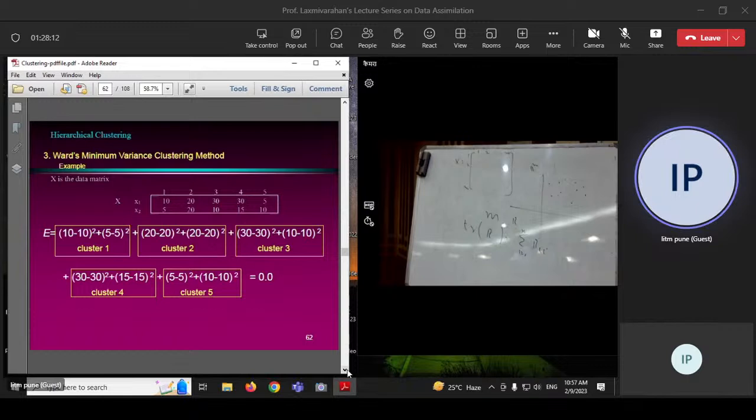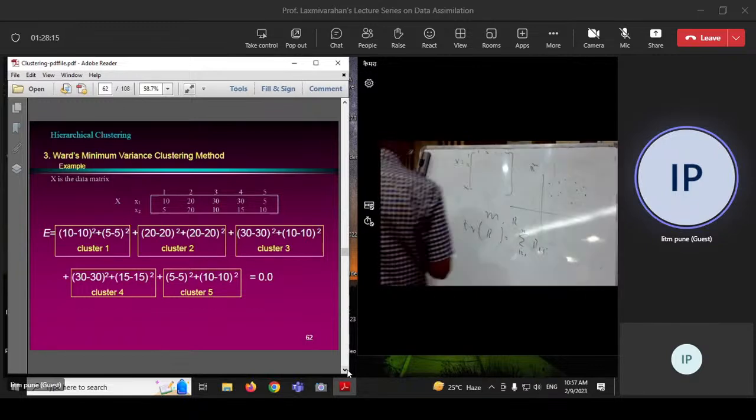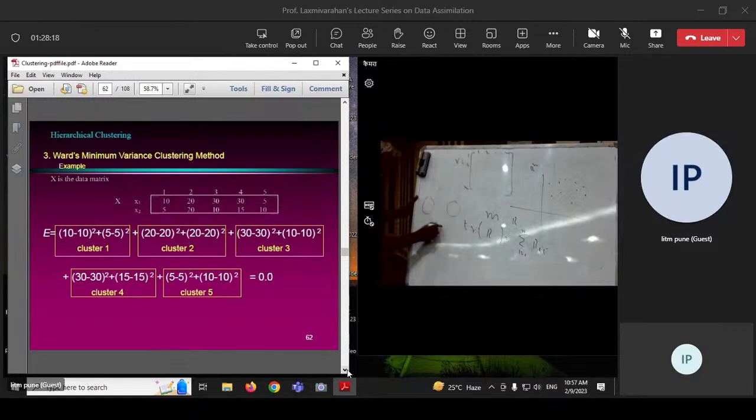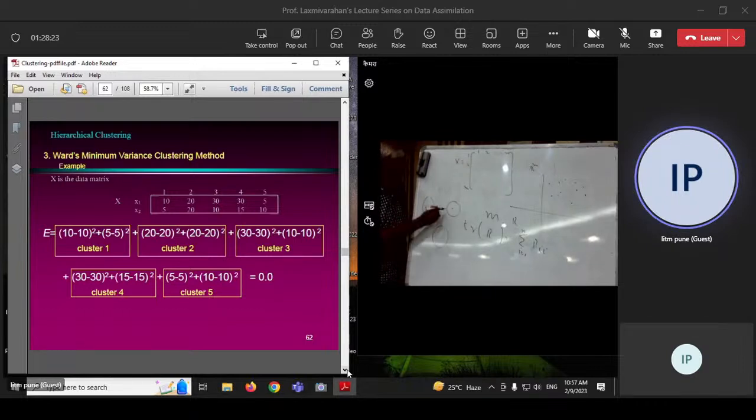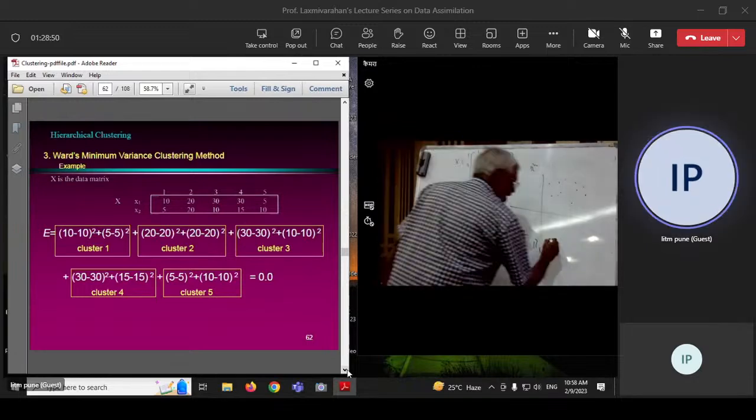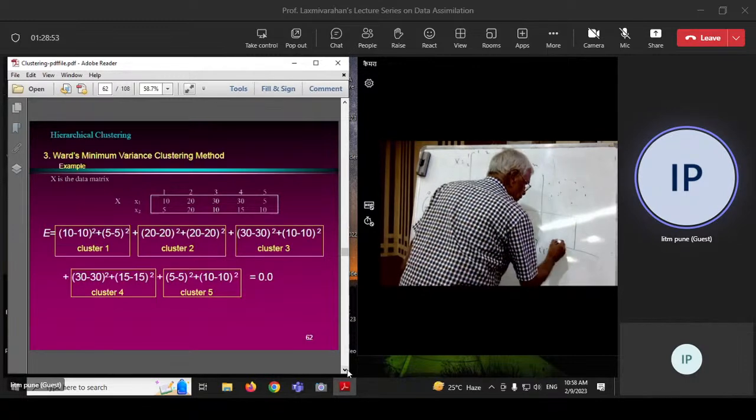So if I cluster the given data into different clusters, each cluster will have its own mean M1, M2, M3, and covariance R1, R2, R3. Everybody with me, please. So this is called intra-cluster scatter. Variance refers to the scatter. If I have a normal distribution with unit variance, it comes like this.